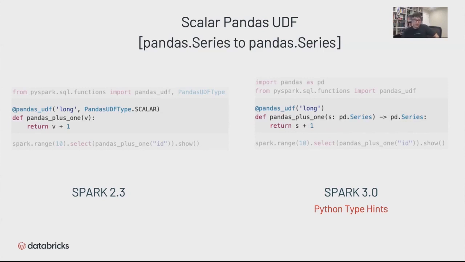Let's give examples. In Spark 2.3, we have a scalar UDF. The input is a pandas Series, and the output is also a pandas Series. In Spark 3.0, we do not require the user to remember any UDF types. You just need to specify the input and the output types.